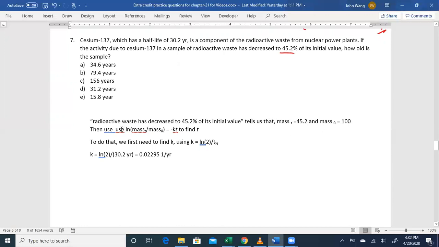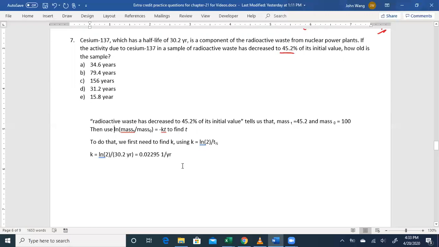So therefore, we can use our one equation: Ln of mass T divided by mass 0 equals negative K times T, to find T. To do that, we will first find out K using K equals Ln2 divided by T1/2. Using the half-life 30.2, we find K equals 0.02295 per year.